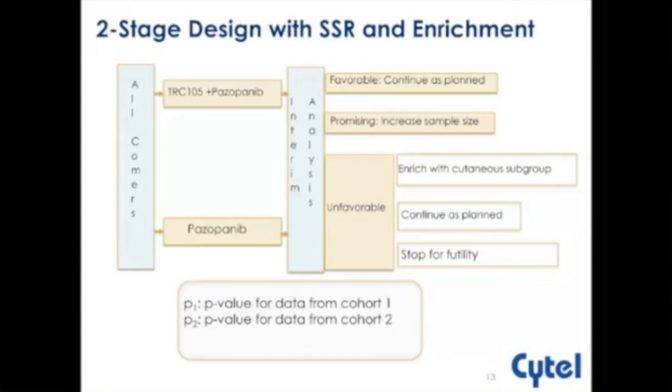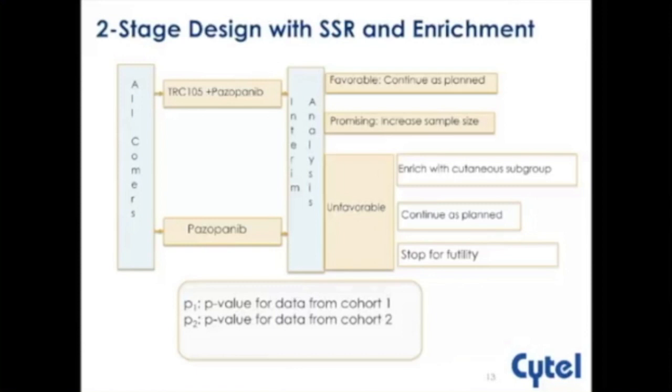So accrual in the second cohort will only start after the first cohort accrual is over. The interim analysis that we have here is going to be based on patients from the first cohort only. Okay, the first cohort, these are all-comer patients who have been randomized to either pazopanib alone or pazopanib plus the addition of TRC105.